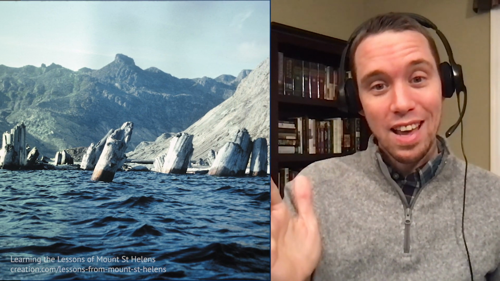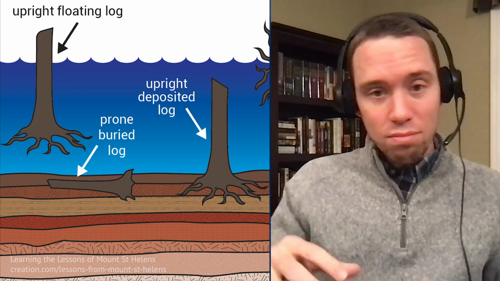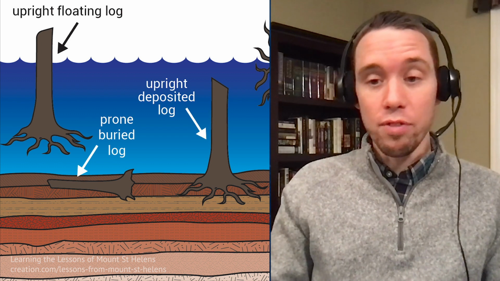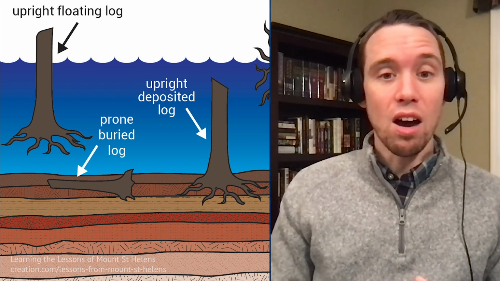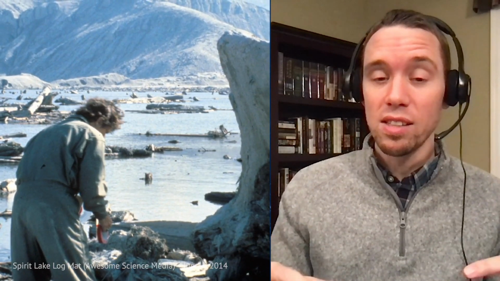Then it would eventually sink to the bottom of the lake and get stuck there in the mud. If you look under Spirit Lake right now, it's like a forest growing underwater, but it didn't actually grow in place. It was a catastrophe that ripped up all these trees, transported them, and then they sank down in the upright position. If the lake is drained later, it would look like a forest that grew there. And this is the sort of thing that could have happened at Yellowstone.